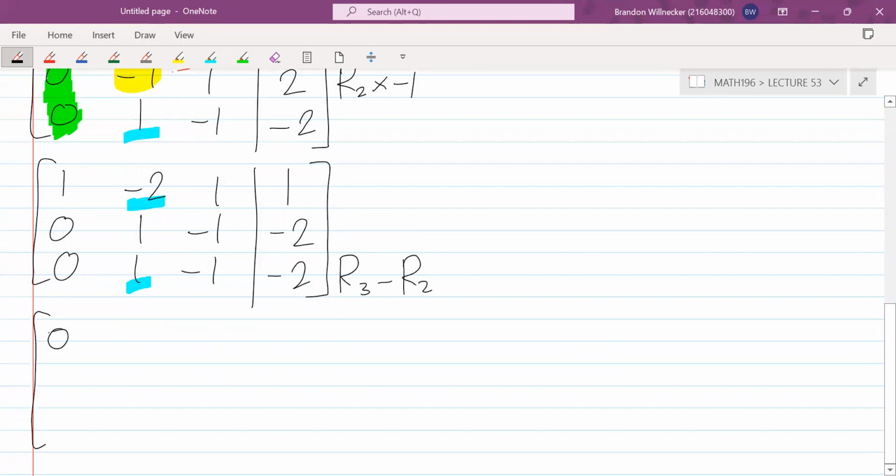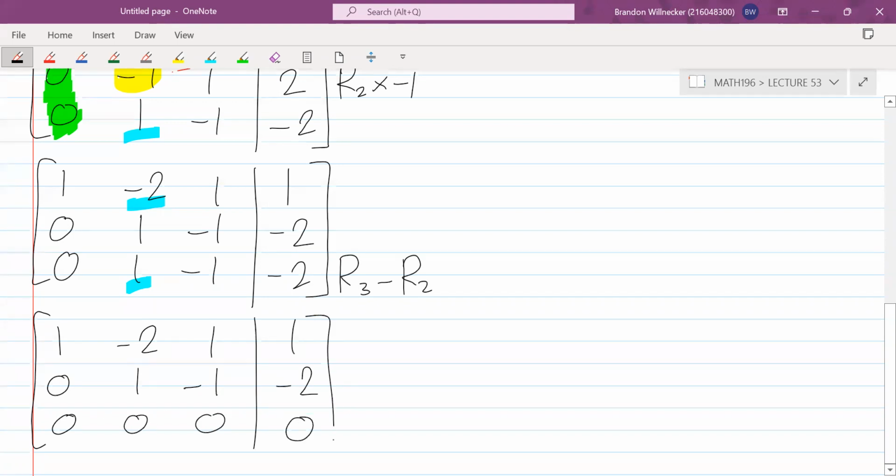Okay, but notice that everything else will cancel as well because they're identical rows. So we're going to get 1, minus 2, 1 and 1. 0, 1, minus 1, minus 2, 0, 0, 0, 0. All the entries are zeros. So a full row of zeros.